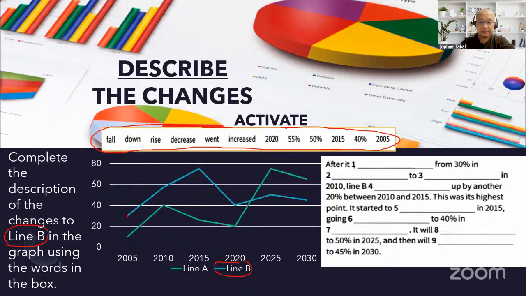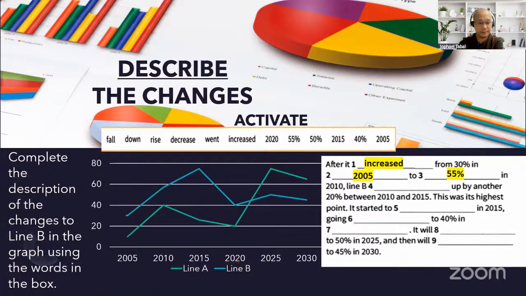So for example, after it increased, okay? So we have here after it increased from 30%, so this is 30% in 2005, to 55% in 2010.